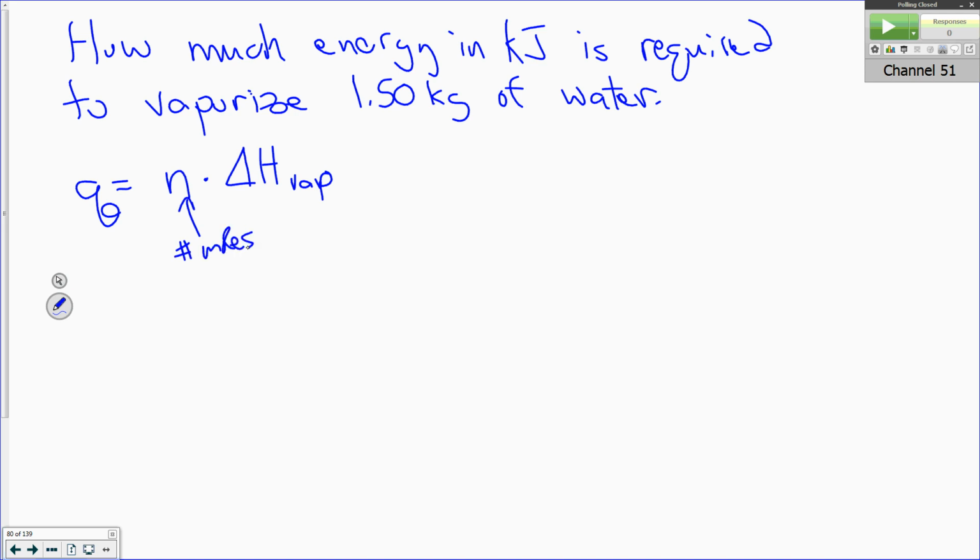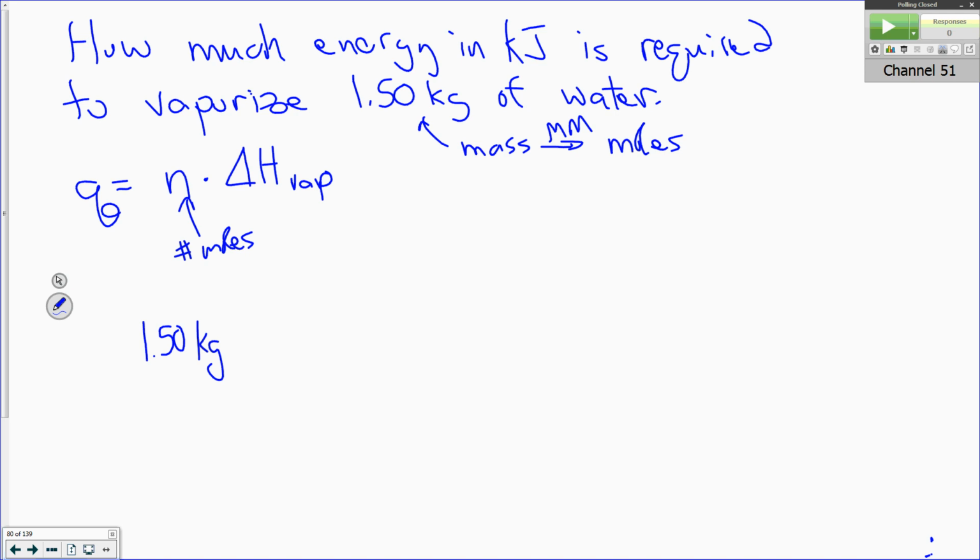So what we're going to have to do is take the mass that's given to us and convert it into moles. The relationship that does that is the molar mass of that substance. Doing it in dimensional analysis, we start with what we know: we've got 1.5 kilograms.